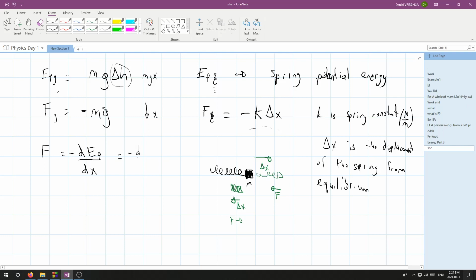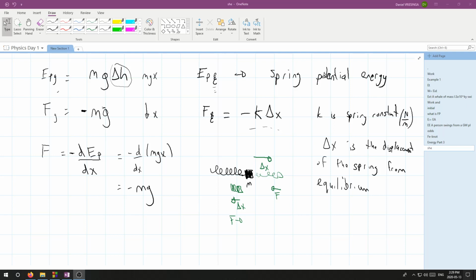If I take the derivative of mgx, I end up with mg. So that worked out for this problem here. The force is equal to the negative derivative of the potential energy with respect to x, and that is equal to minus mg.